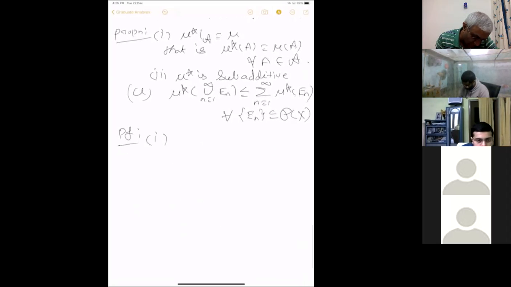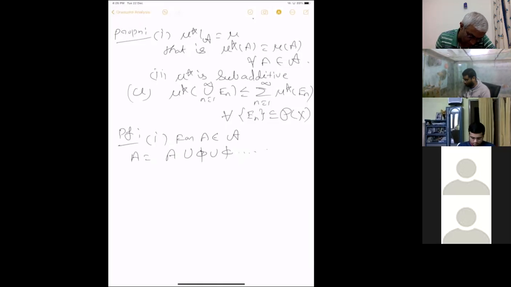The first one, you want to prove that this is, okay, so how is this mu star defined? That is defined as an infimum. So the first thing is that if we take A in script A, A of course looks like this: A union empty set, union empty set, union, and it goes on like this.